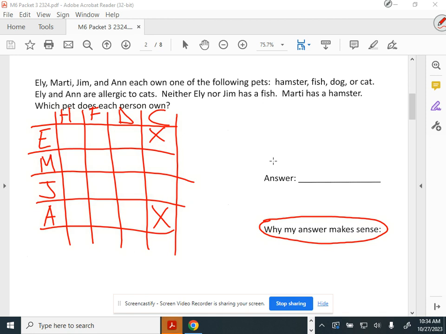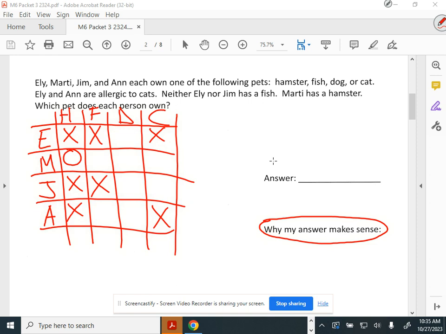Then I know neither Eli nor Jim has a fish, so under my fish I say not Eli and not Jim. I know that Marty has the hamster, so that one has to be Marty. Can anyone else have a hamster if Marty has the hamster? No, nobody else can, so I'm going to cross off that hamster for everyone else.